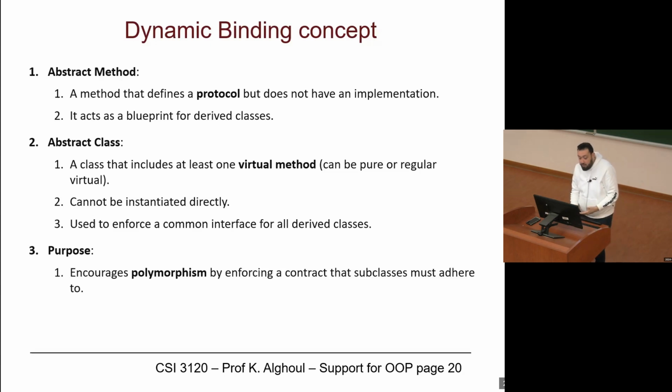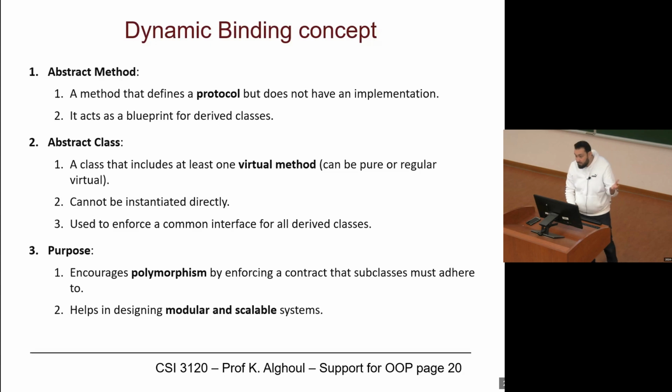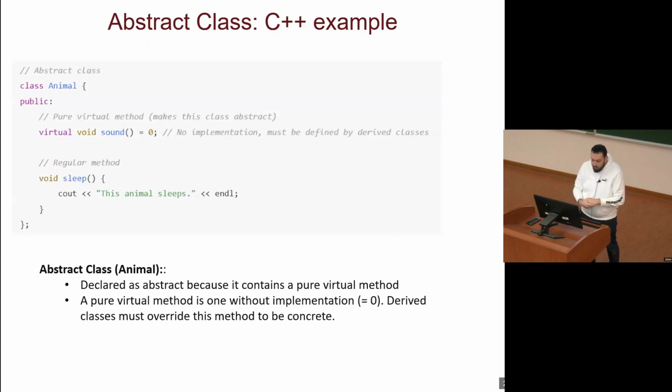Now, the purpose: it encourages polymorphism by enforcing a contract that subclasses must adhere to, and it helps in designing modular and scalable systems. Now, this is an example. A pure virtual method makes this class abstract. Because I have this virtual method here, I can say this class Animal is an abstract class. The implementation must be defined by derived classes.